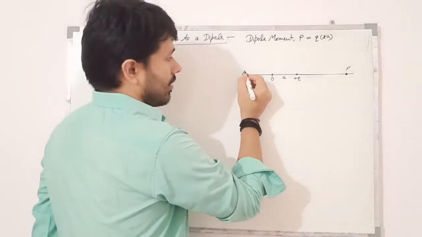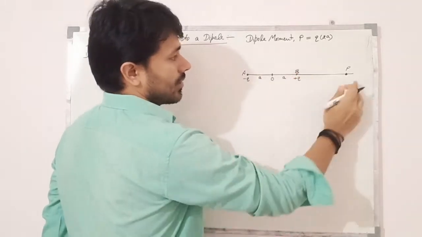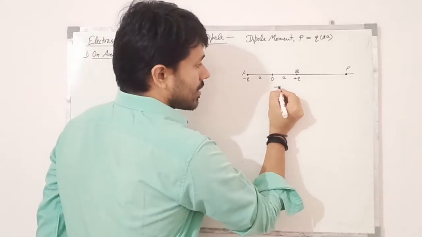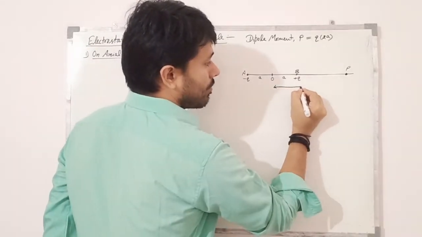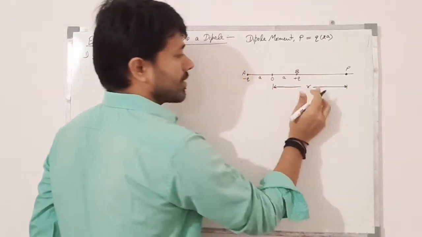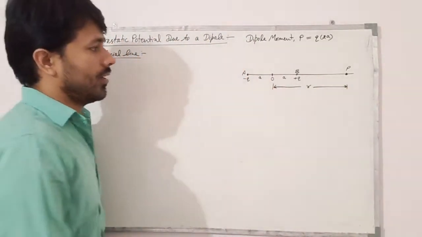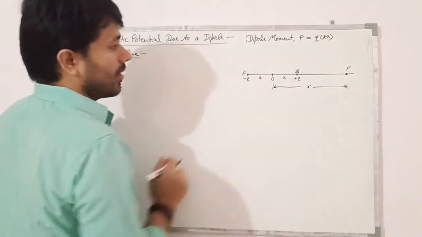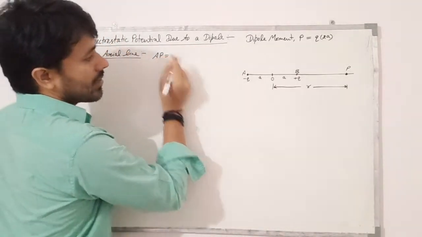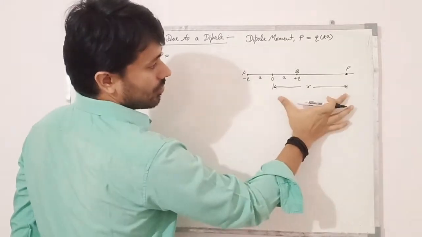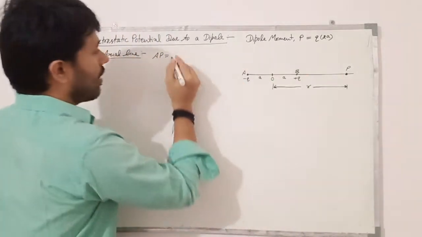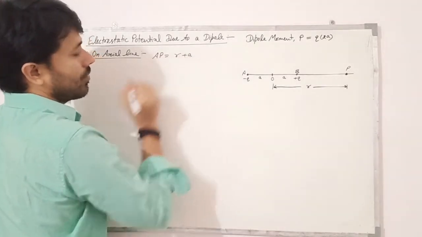This is A, this point is B. Now the distance of the point P from this dipole, let's say this is R. All distances are measured from the midpoint. So the distance from A to P, where this is R and this is A, is R plus A.